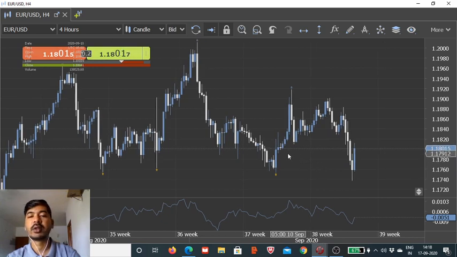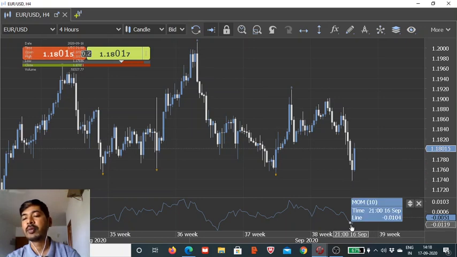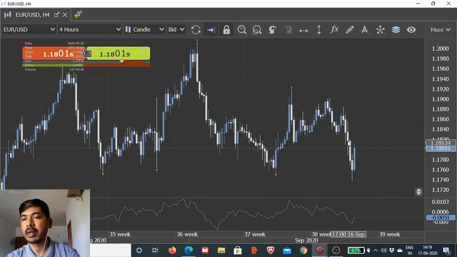Now this chart is on the 4 hourly time frame. Here also, this MOM is defined for 10 candlesticks, so it will go back in time by 10 candlesticks. The current time is 5 GMT, so we count these candles and go back, and somewhere here, 13 GMT of 15 September, we will have the prior candle, and the difference between these two candlesticks in terms of prices will be taken into consideration.